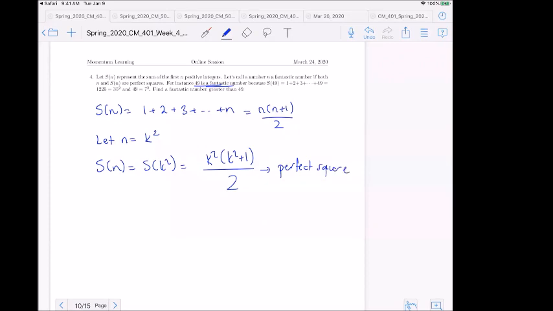We know that k squared is already a perfect square, so the question is asking us for k squared plus 1 over 2 to be a perfect square. Let k squared plus 1 over 2 be some perfect square, let's call it m squared.